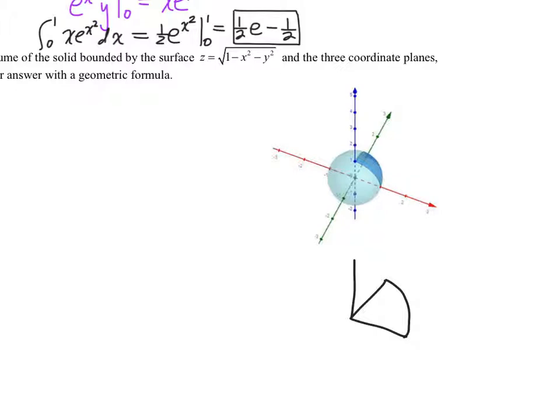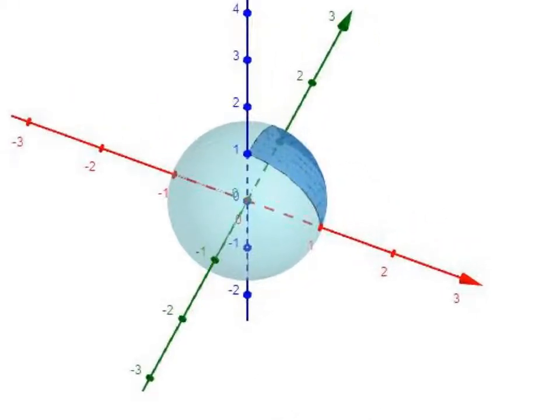Yeah, I was thinking of top half only, but yeah, an eighth. What it doesn't look like is a piece of a hemisphere, but that's what it's supposed to look like.